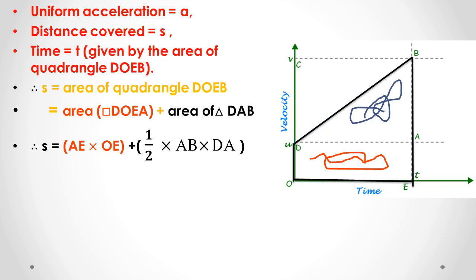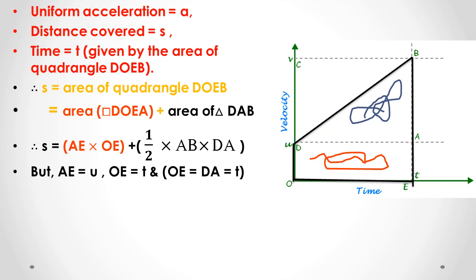Now in the next step we can write that S is equal to, the area of rectangle will be what? Length into breadth, that is AE multiplied by OE, and the area of triangle will be half into base into height, so half AB into DA. But what is AE?